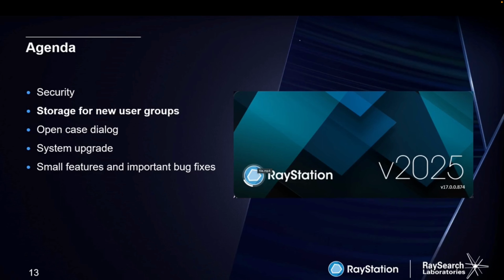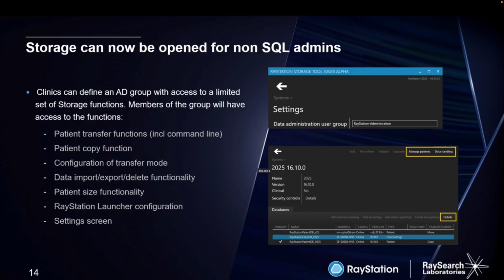Now, we will proceed to talk about opening up storage for new user groups, for non-SQL admins. Storage can now be opened up to other users, and we do that in the settings screen by selecting an AD group. Clinics can define an AD group with access to a limited set of storage functions.